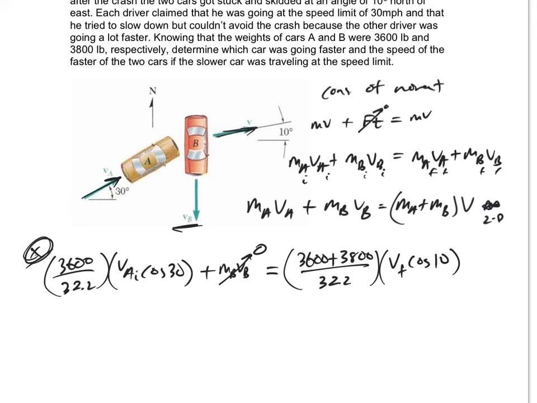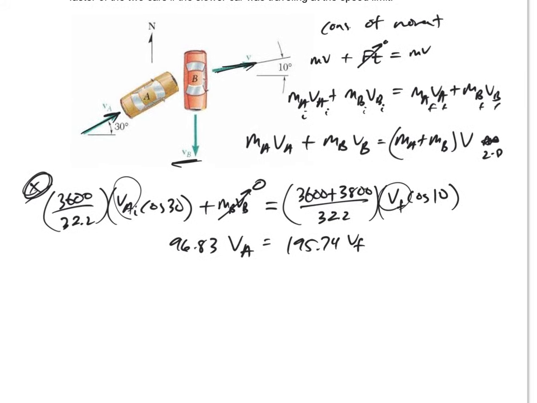Right, so I have two unknowns in here, the initial velocity of A and the velocity final, but maybe I'll go ahead and write one in terms of the other. I would have 96.83 VA is equal to 195.74 V final, well, let me not do that just yet. All right. But anyway, two unknowns in that one equation. Can't solve right away. Maybe leave a little bit of room and go to the y equation.